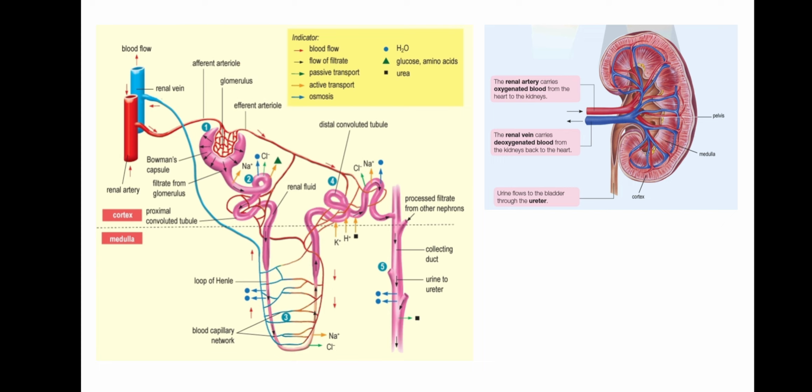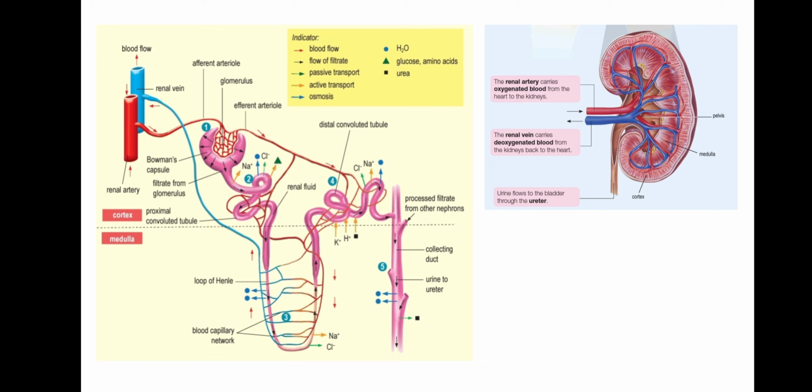After it branches, it becomes blood capillaries. Then the blue one returns back to the renal vein. That is the blood vessel.